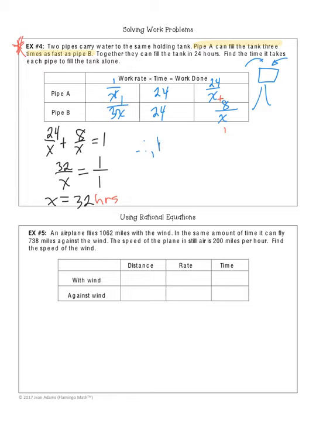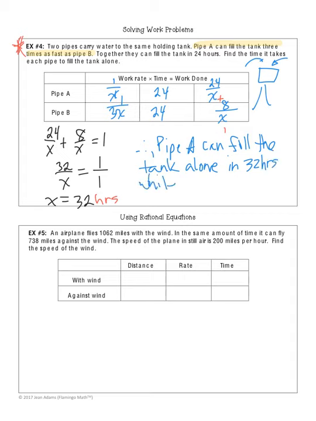So therefore, pipe A can fill the tank alone in 32 hours, while pipe B would take 96 hours.